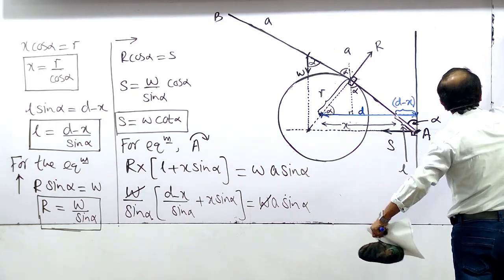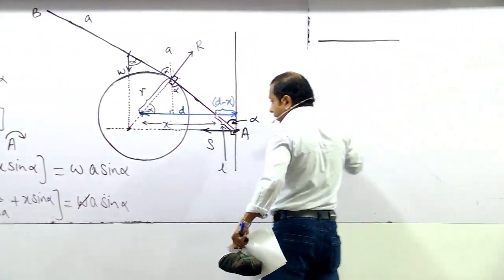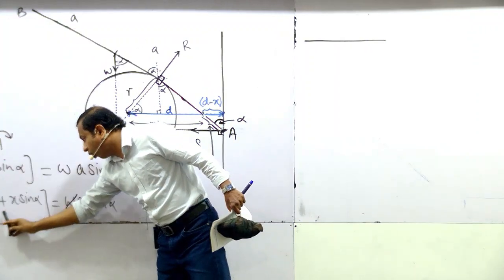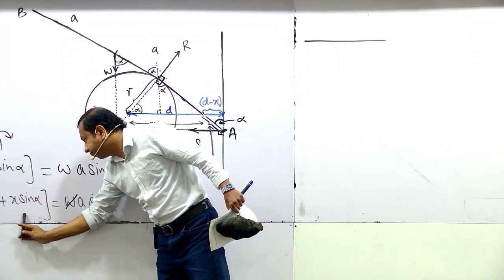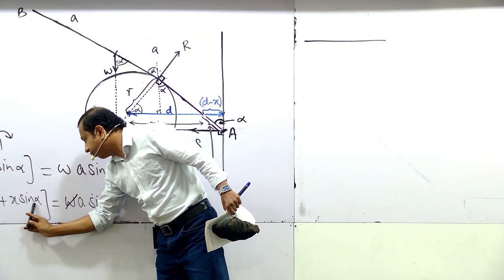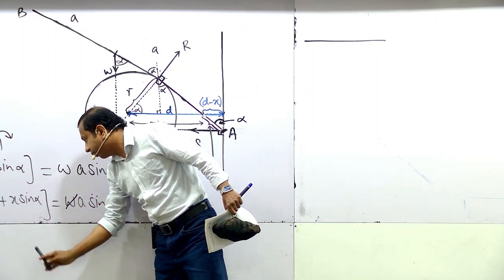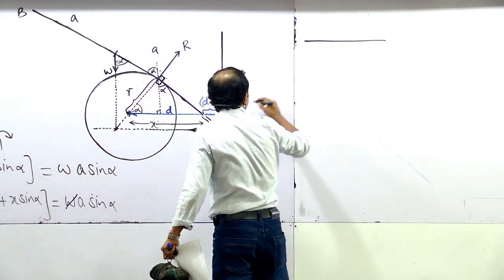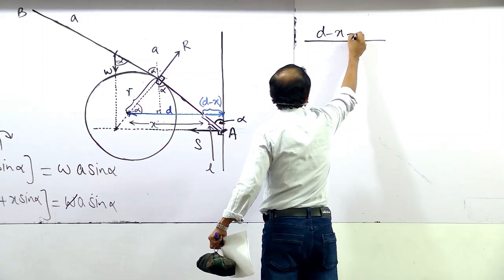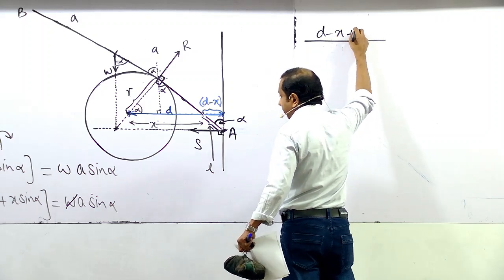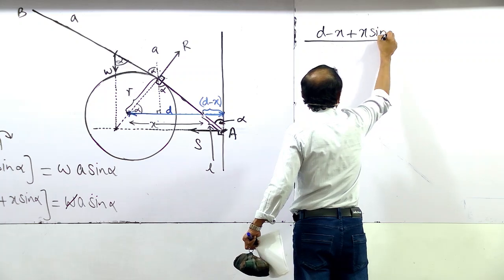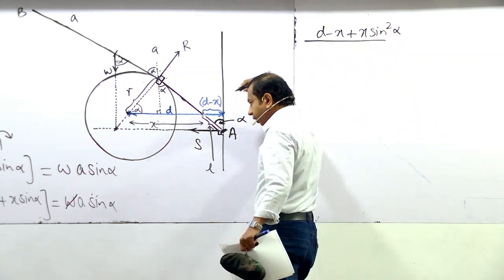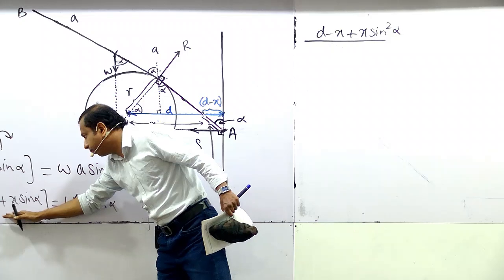Within the bracket, here I take common denominator as sin alpha. Then this x sin alpha should be multiplied by this sin alpha. There we get x sin squared alpha plus d minus x. d minus x plus x sin squared alpha. Now here, people, inside the bracket we have sin alpha, no?